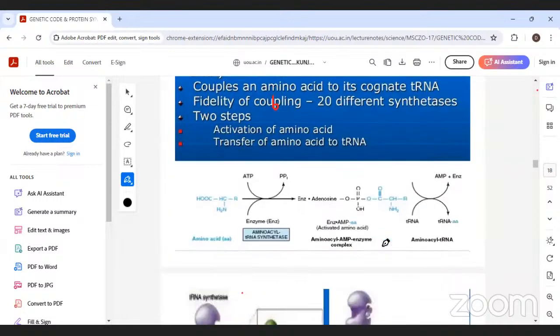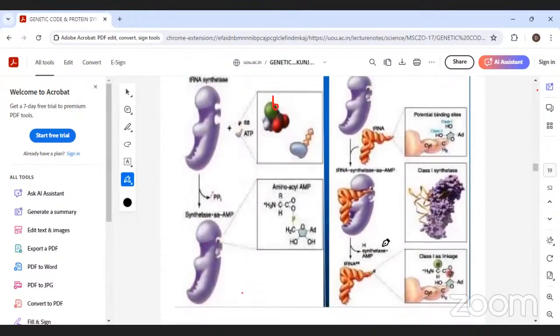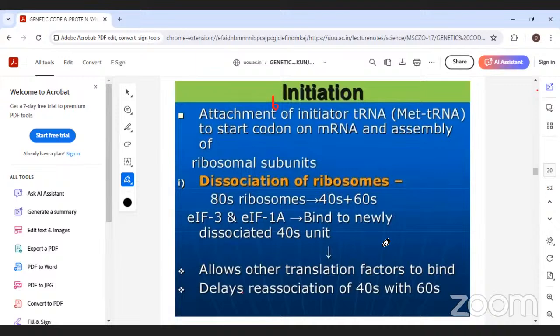Now we will discuss the initiation process. It has been observed that a particular site of the 30S subunit of the ribosome gets attached to the beginning end of the thread-like messenger. According to many scientists, the ribosome is of two types: one is the 30S and the second one is the 50S.